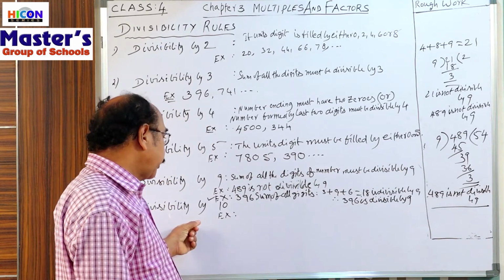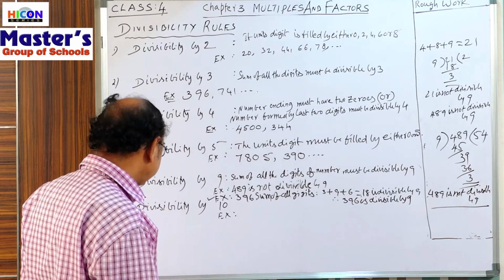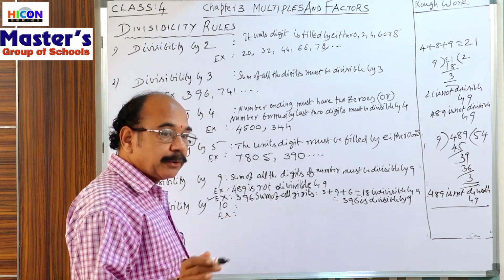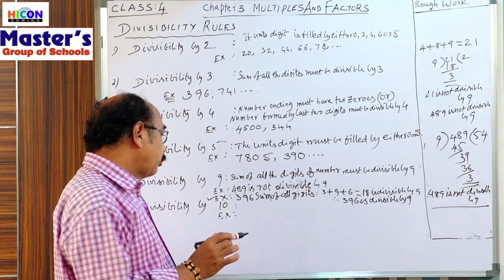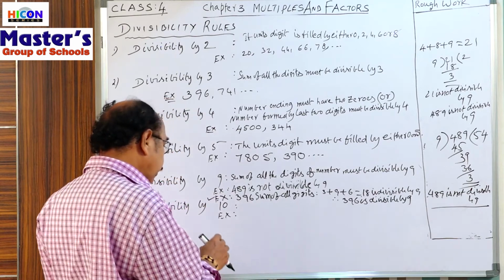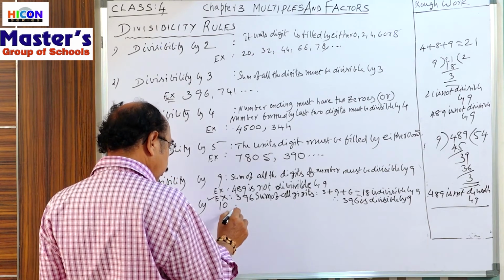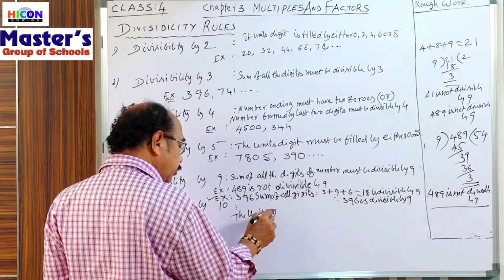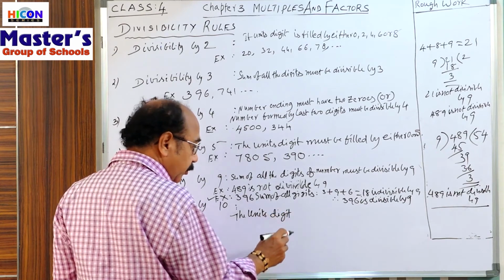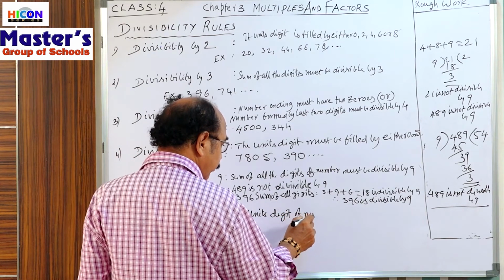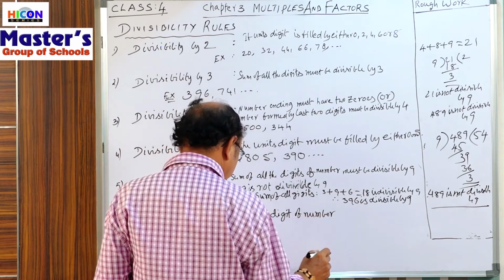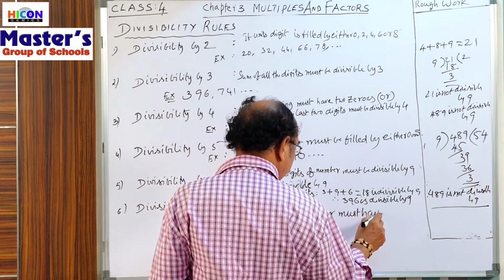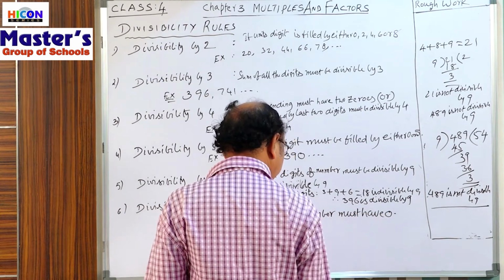Now come to divisibility by 10. What is the condition? The units digit of a number must have 0 compulsorily. So the condition we write here: the units digit of a number must be 0.